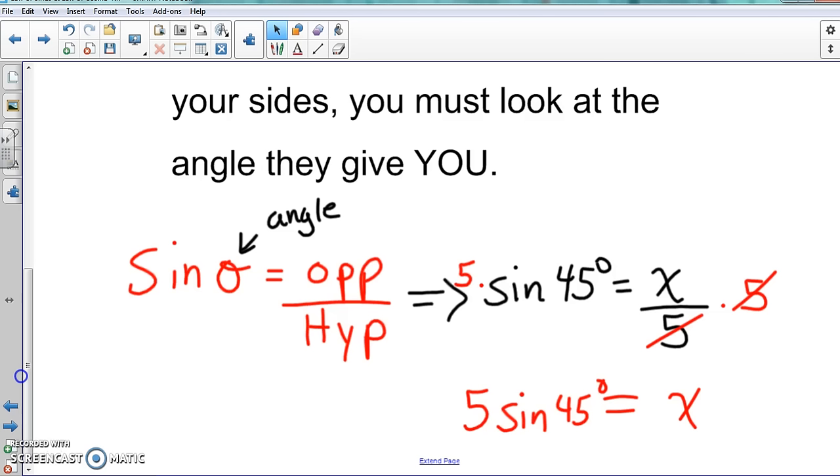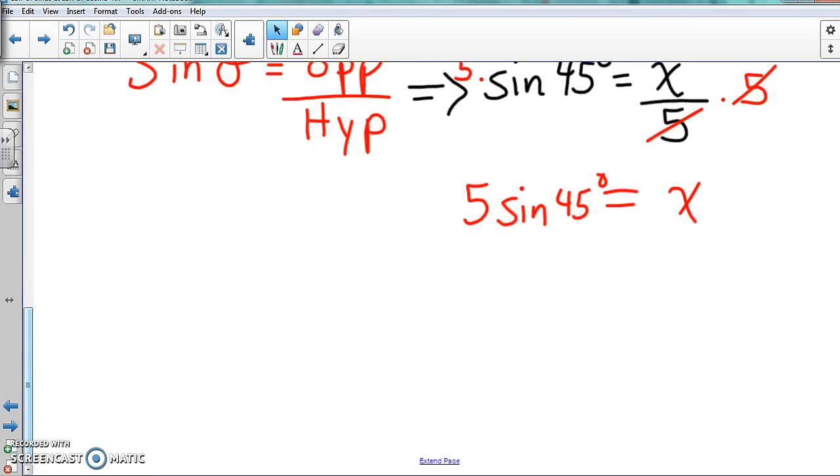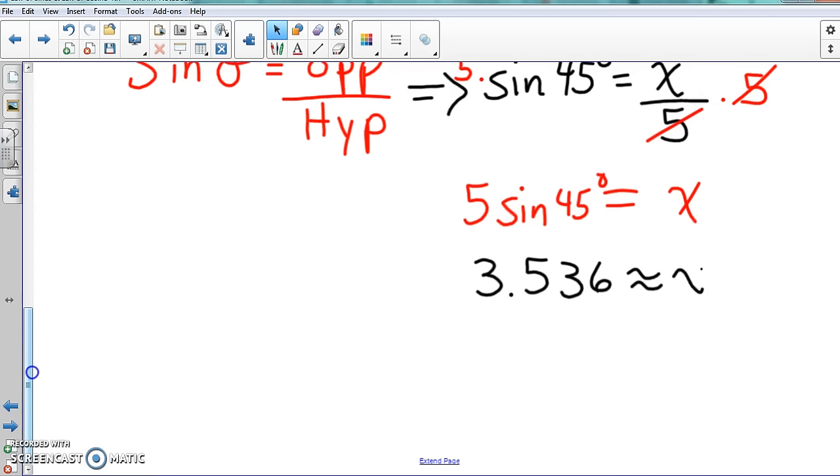Then get the main screen up again and do 5 sine 45. You don't need the degree symbol because you're already in degree mode. You should get about 3.536. That's approximate, so we used the wavy lines.